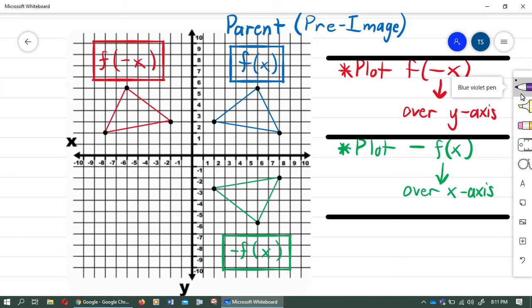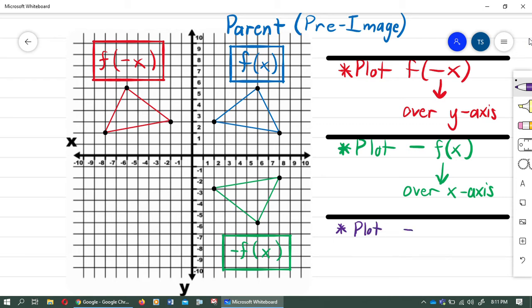Okay, so guys, that's those 2 reflections, and now we're going to look at what it would look like if you were asked to plot both reflections of that same parent function.